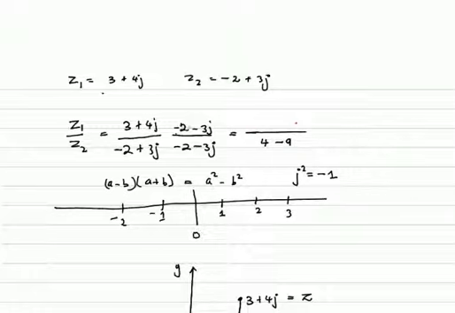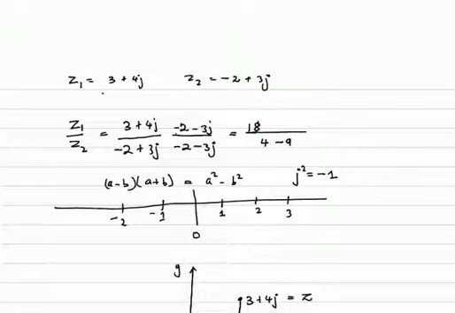Then in the numerator, I'm going to now do it a bit fast. You're going to have 2 times that, which is going to be 6, and minus 4j times 3j is going to give me plus 12. There I'm going to give 18. Then I'm going to have 18 for that one.